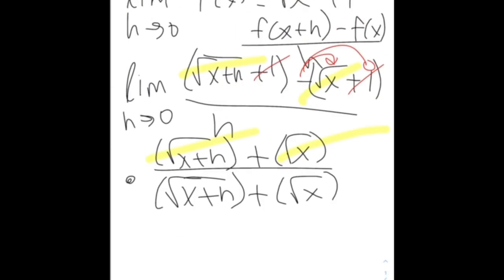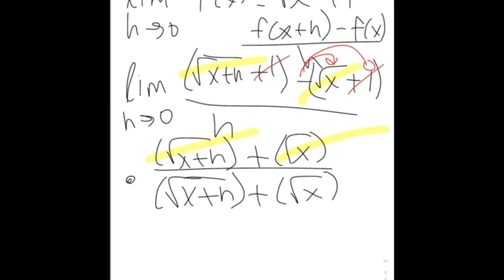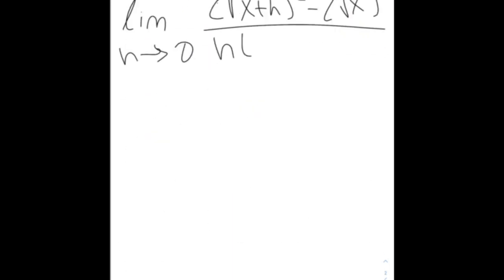Now we're going to have the square root of x plus h squared minus the square root of x squared, all over, and then for our denominator, we're multiplying our individual h by our conjugate. So we are going to have h times root x plus h plus root x.